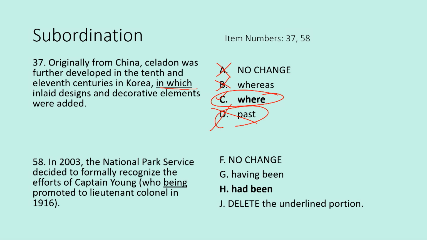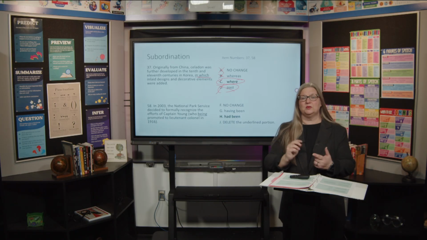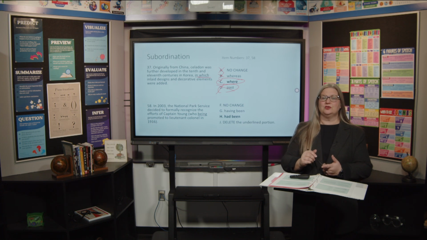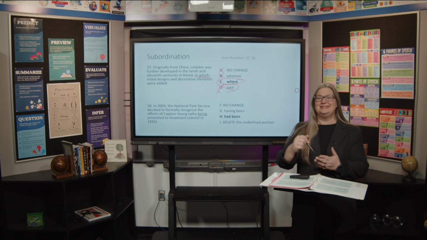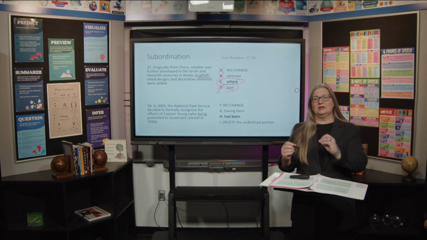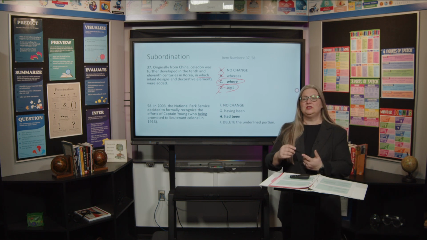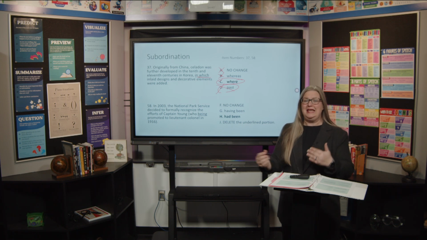Also in those lists of subordinating conjunctions, you need to understand what each of those subordinating conjunctions does. How is the relationship established? What does each one of those words, those conjunctions, mean, and what kind of relationship does it establish?